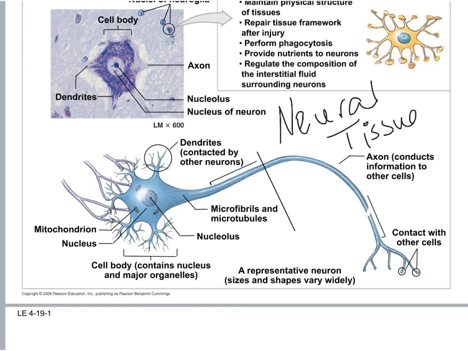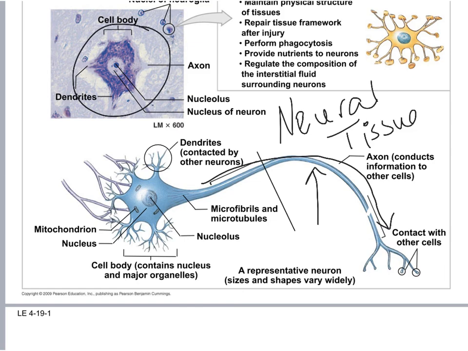Neural tissue is made up of two different types of cells. We have the neuron. This is what's going to transmit an electrical impulse. So an electrical impulse is going to travel all the way down the axon of that cell. That's also the neuron right there.